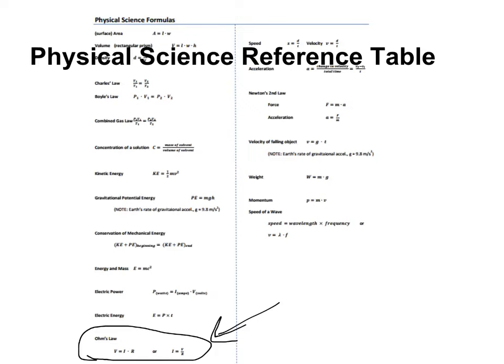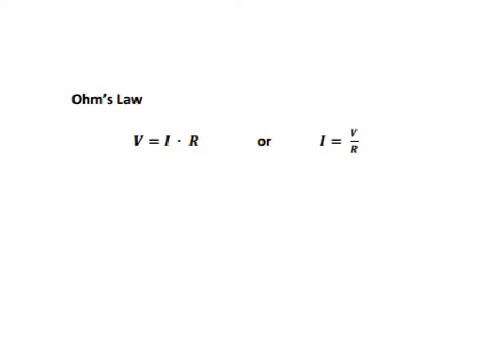And you can see that we have it in two forms. We have the basic form, which we've seen already: voltage is equal to current times resistance. And we have a different form. It's the same thing: current is equal to voltage over resistance. It's just worked out differently. We might be using one or the other.